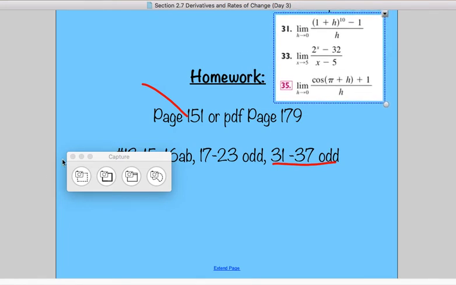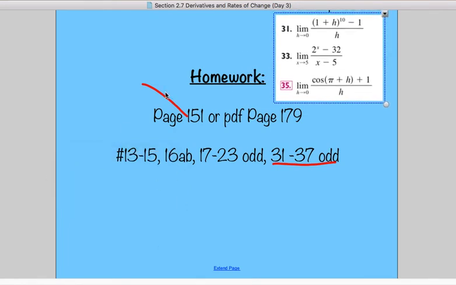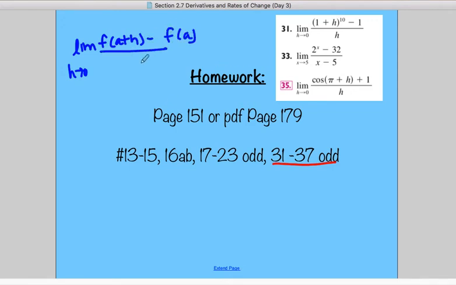So what we need to use is our equations for the derivative, and then come up with f and a. We have our limit as h approaches 0 of f of a plus h minus f of a, all over h. That is the derivative at a.